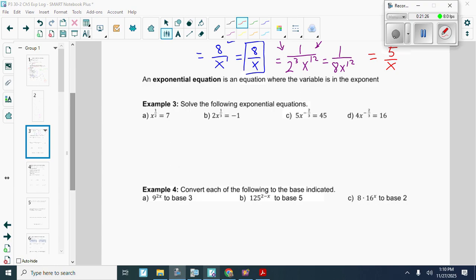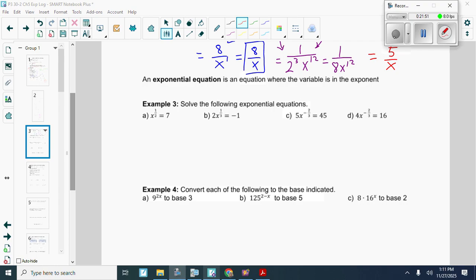So when we did rational expressions, we also did rational equations, and that meant that we used these expressions, but there was an equal sign in there as well. So an exponential equation is just where the variable is in the exponent. Because we just finished polynomial functions, where we had y equals.